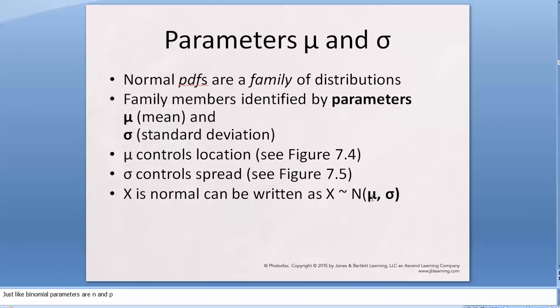The first value is the mean, the second value is the standard deviation. A similar notation for binomial was X distributed as B(n, p), where the parameters were n and p. Here it is mu and sigma. Let's go to the next slide. So remember this notation: the mean comes first.